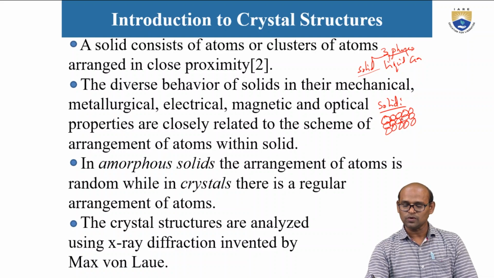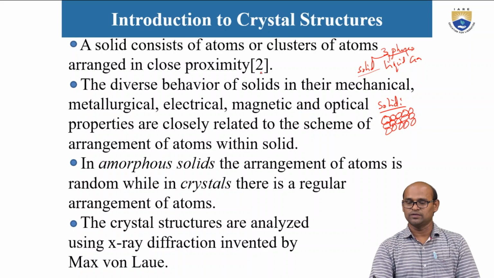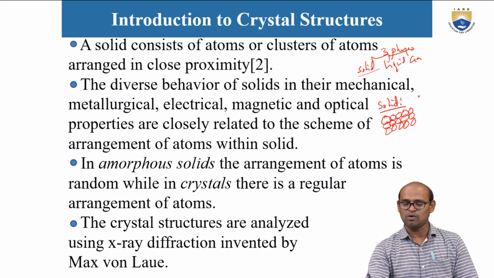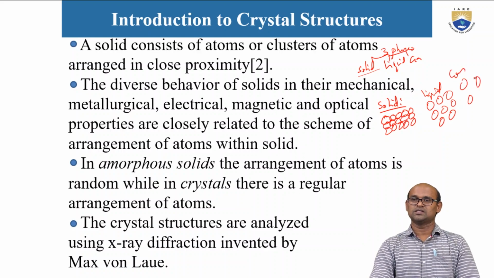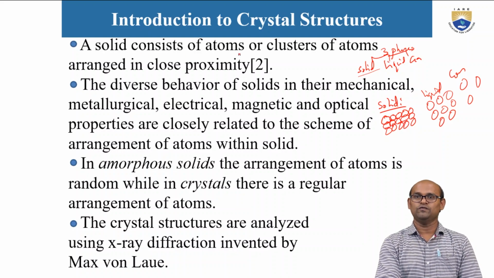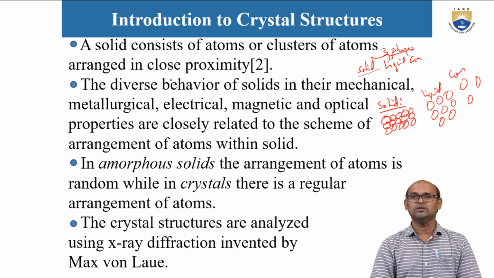So in solids, atoms are arranged in close proximity. In liquid, there is a moderate distance between the atoms, and they need not be in a regular arrangement. Whereas in gas, there is a very large distance between any two atoms, right? So a solid consists of atoms or clusters of atoms arranged in close proximity.